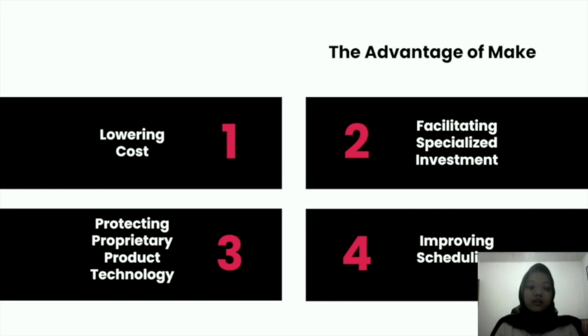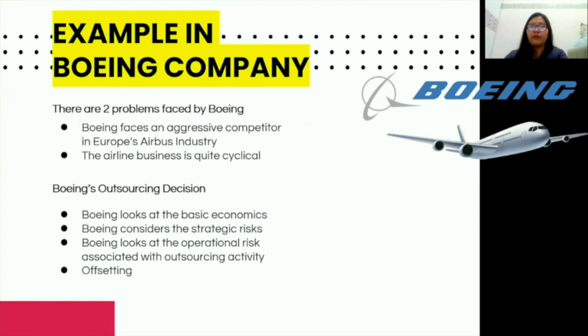However, ownership of upstream production facilities is not the issue here. By using information technology, firms can attain tight coordination between different steps in the production process. So after talking about the advantages of make, we will continue to talk about the management focus.